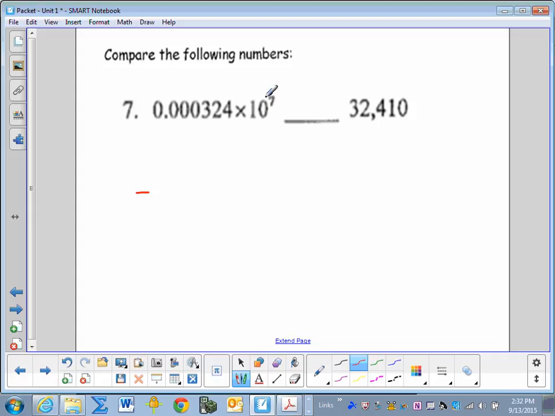And since it's a positive, we're going to make this number bigger. We're going to go to the right. So we're going to go 1, 2, 3, 4, 5, 6, 7. So it's going to be 3, 2, 4, and a 0. So 3,240 is less than 32,410.